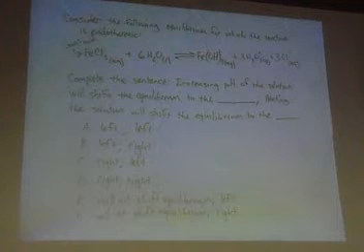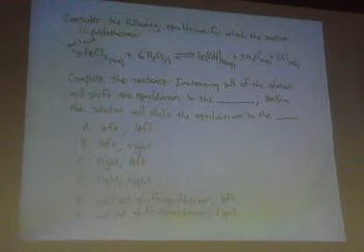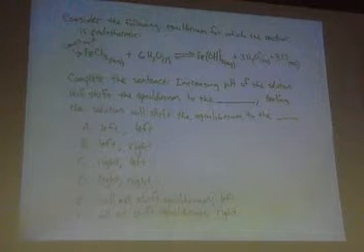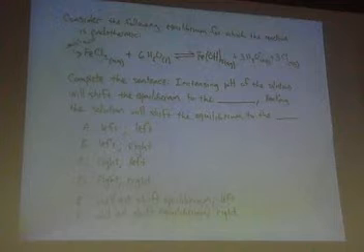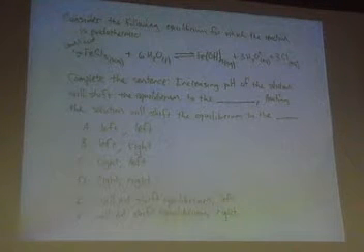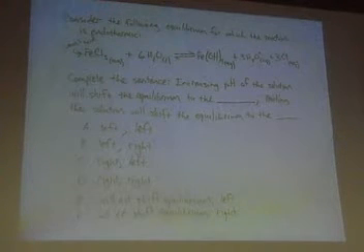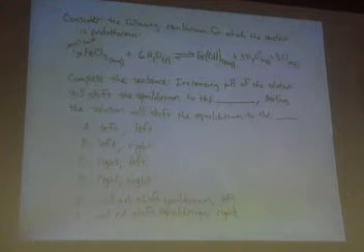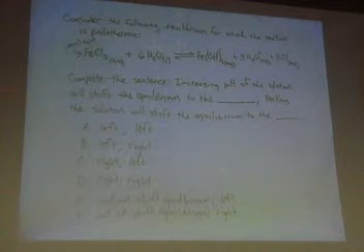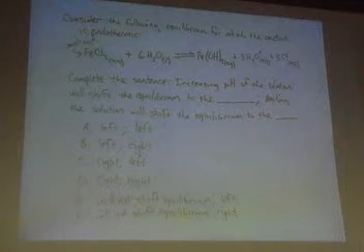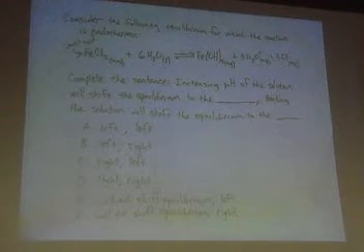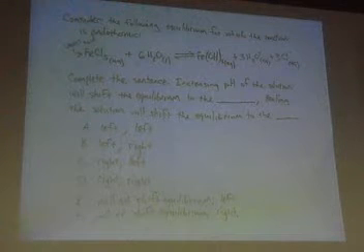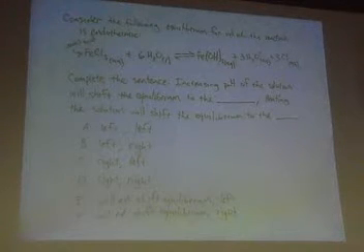So if you're increasing the pH, is the concentration of acid going up or down? Remember, a high pH means it's more basic, and you have a low concentration of hydrogen protons or hydronium ions.